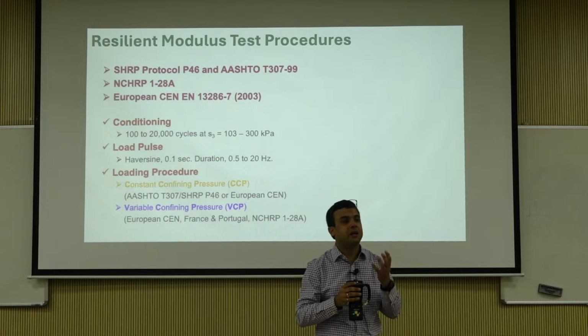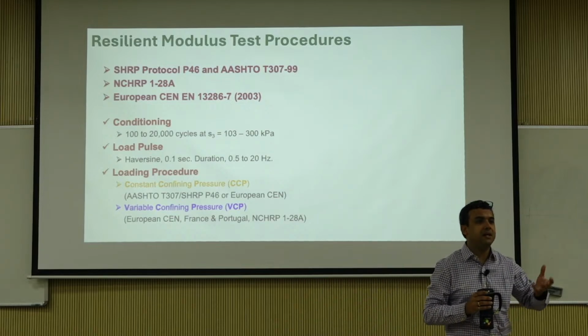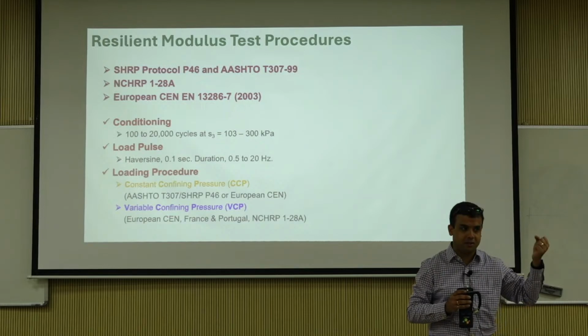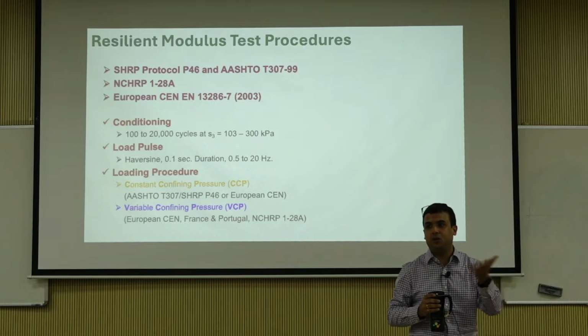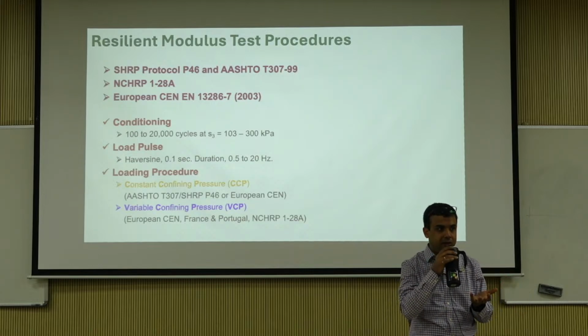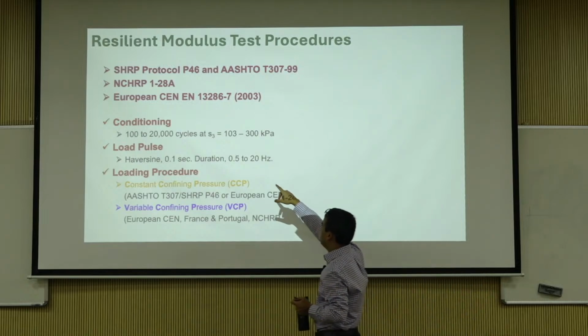In conditioning, you should definitely be applying greater magnitudes of stress, because compaction and initial reorientation happens under greater stress levels, right? So that is the reason you have sigma 3 values.